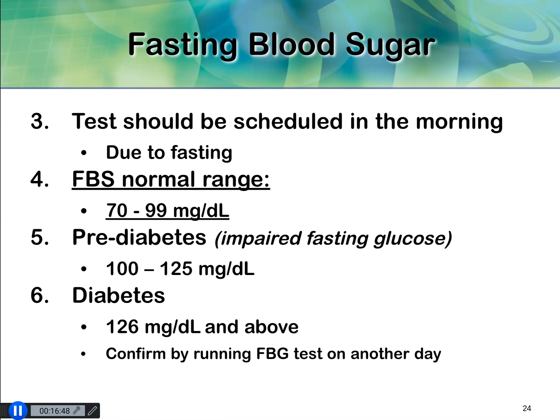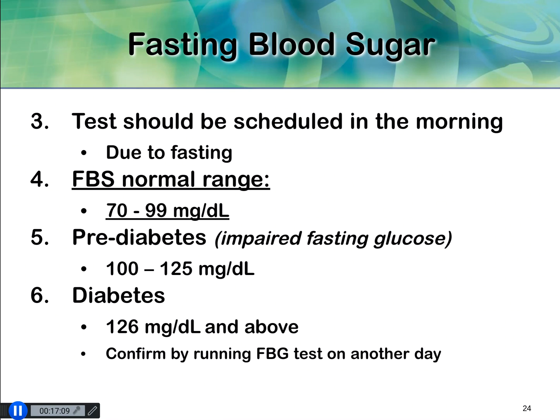So the fasting blood sugar normal range is 70 to 99 milligrams per deciliter. And then 100 to 125 is a little bit high, so that would be considered an impaired fasting glucose, which could be pre-diabetes.